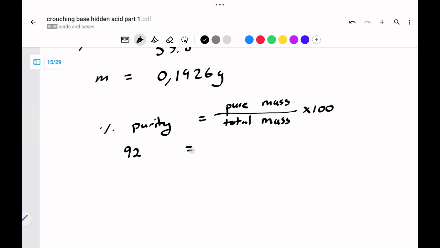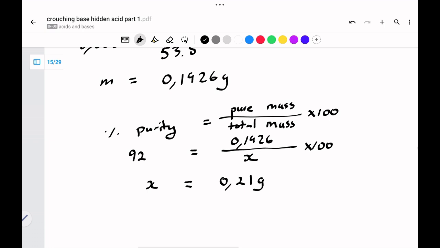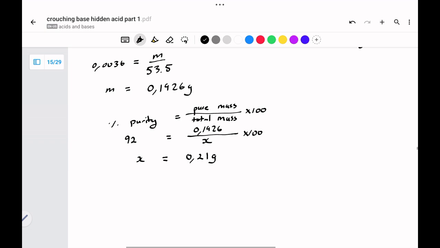So 92 is equal to x is equal to okay, done.